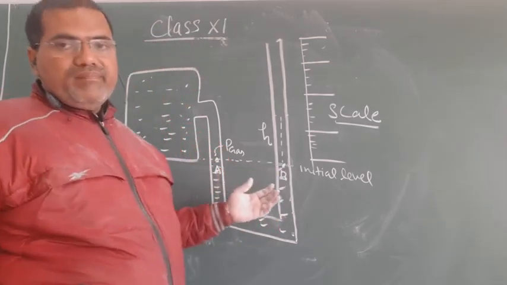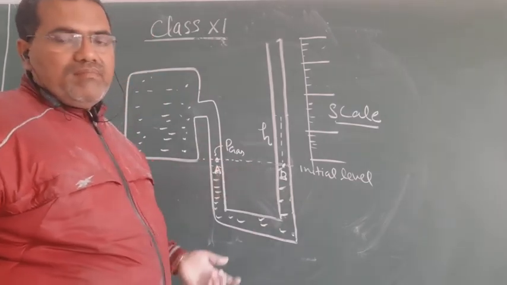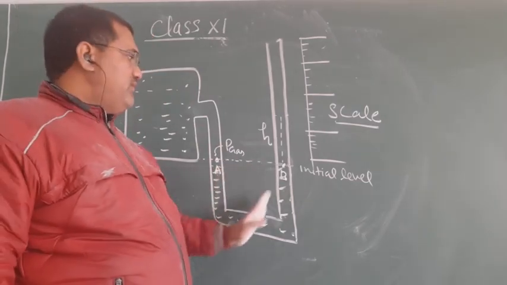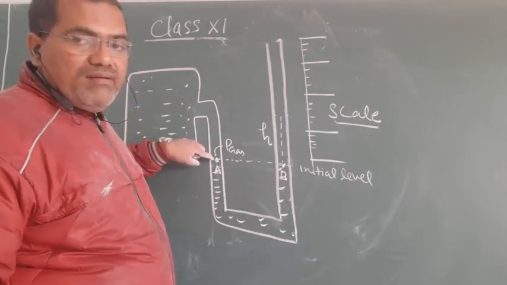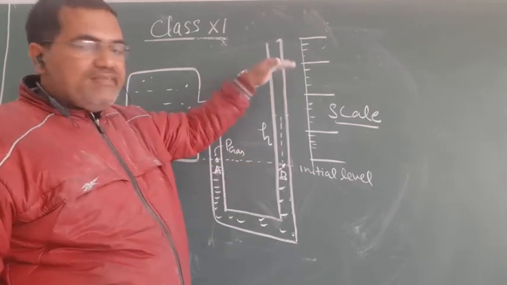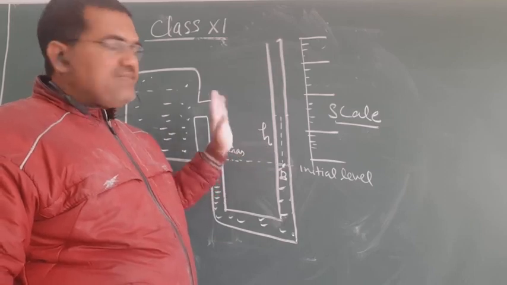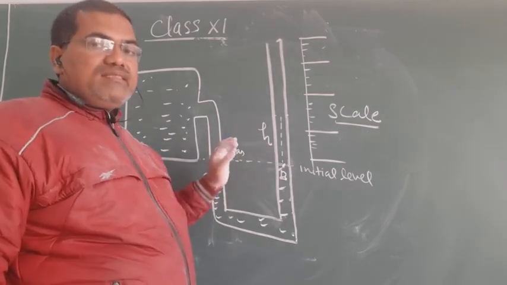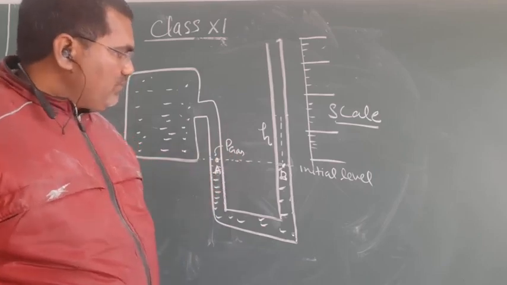pressure is the same. At the same level, in a horizontal level, pressure is the same in case of equilibrium of the liquid. As the gas creates a pressure here, this liquid is depressed in this column and rises in this column. Say the rise of the liquid in this column is H, and at this position the equilibrium is achieved.